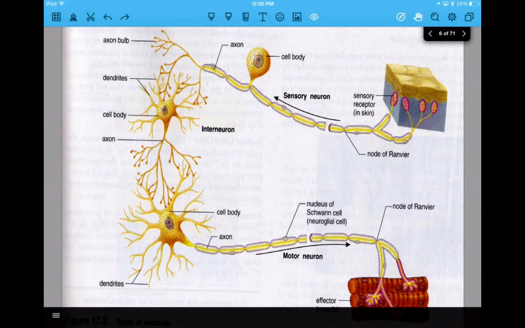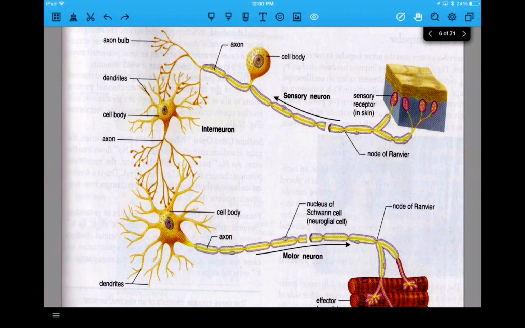Now, the reason why sensory and motor neurons have a little bit of insulation on their wiring is because they need to carry signals a very long distance. Think about it this way. If you were in the school and you took a very long wire and plugged it into your iPod, and let's say you had a 300-foot long cable and you ran it out to some little speakers and you pressed play, you would probably get virtually no sound.